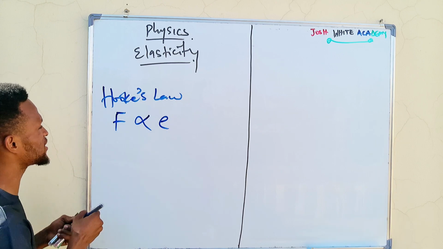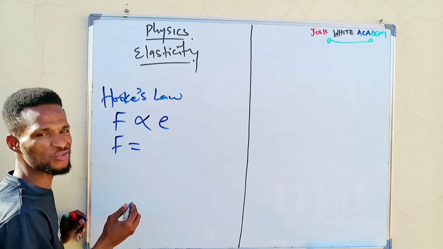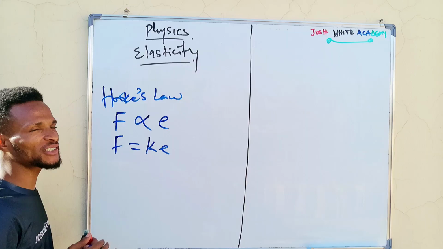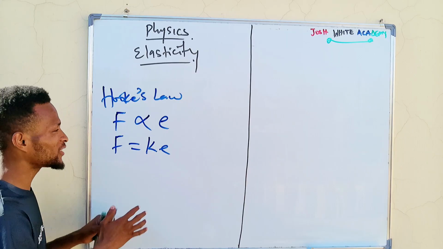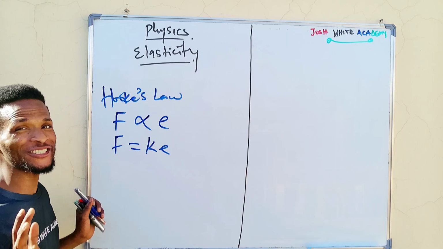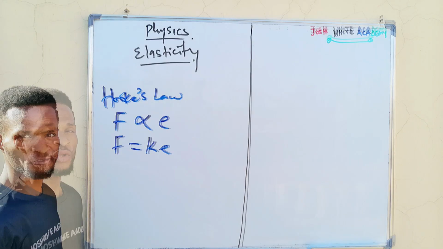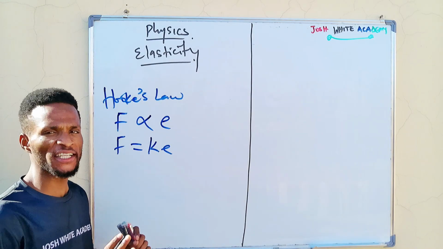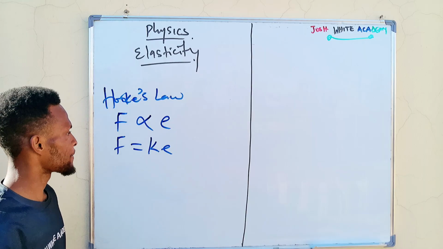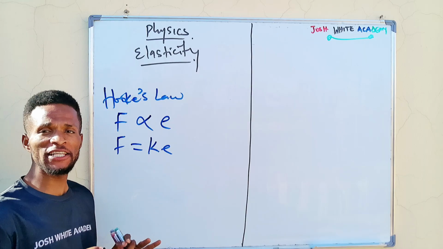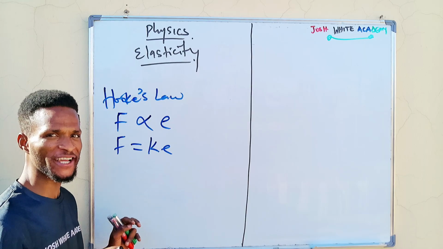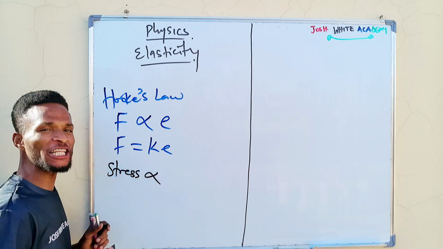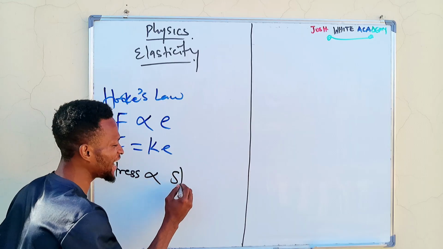If I remove my proportional sign, I will add a constant called K. This constant is called the force constant or the elastic constant, or you can just simply call it stiffness. Hooke's law can also be stated that provided the elastic limit of a material is not exceeded, the stress is directly proportional to the strain.